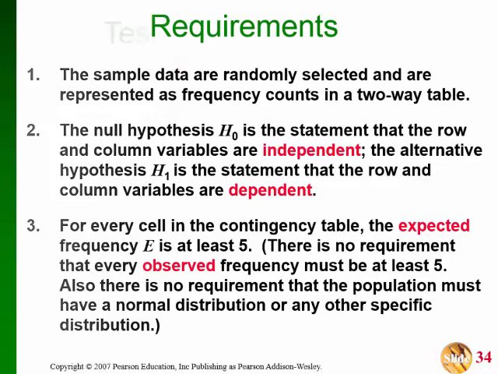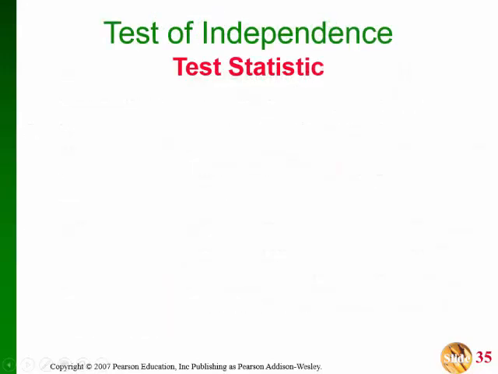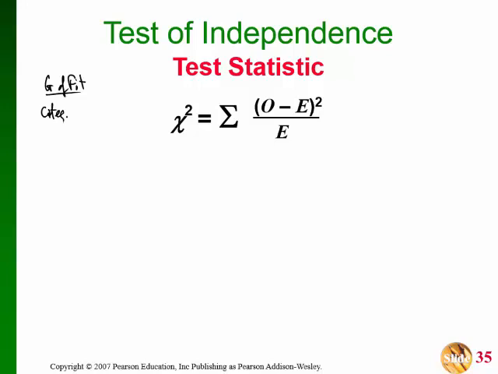Let's take a look at the test statistic. Does it look familiar? It's exactly the same, right? The difference here is that instead of just going in a column like we did before, the goodness of fit test, we have category, we have observed frequencies, we have expected frequencies.